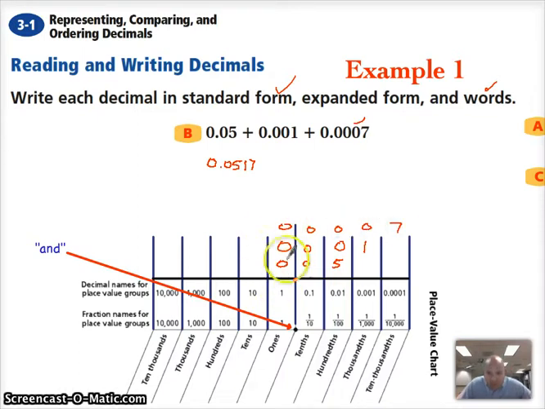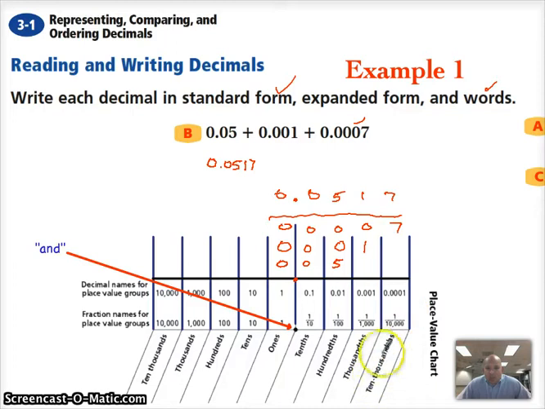So what do we get? Well, we get zeros here, 0, decimal point here, zeros here, a 5 here, a 1 here, and a 7 here. That is 517 ten-thousandths.